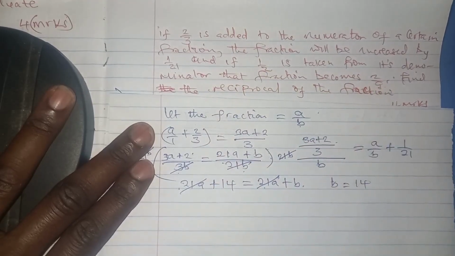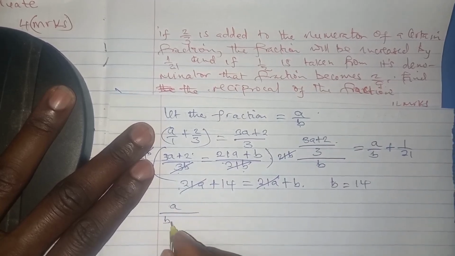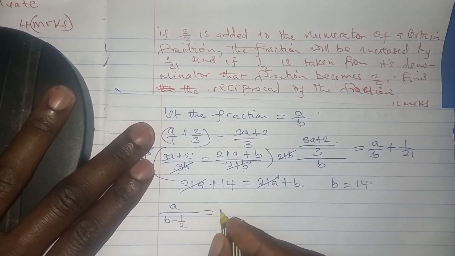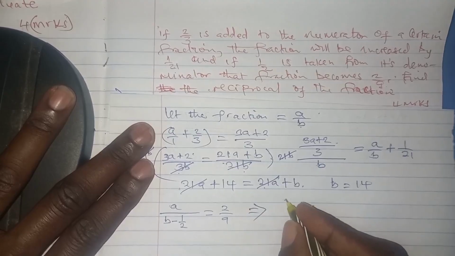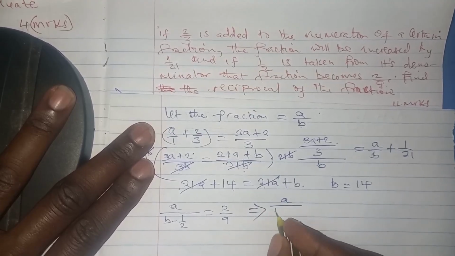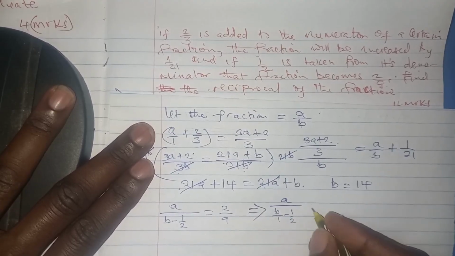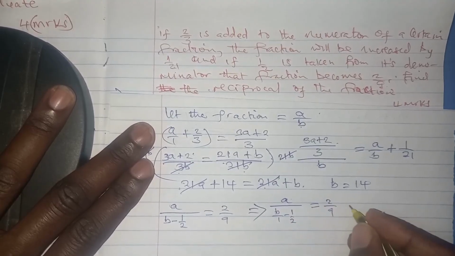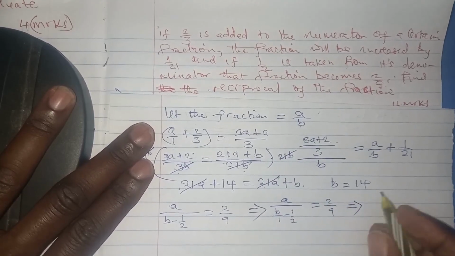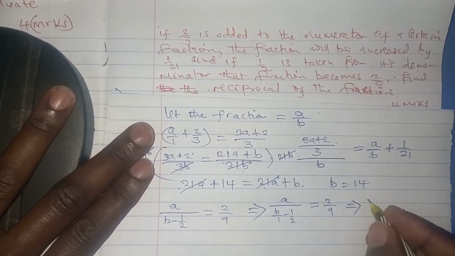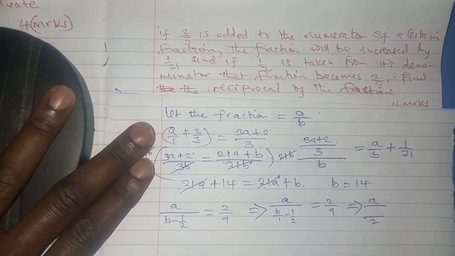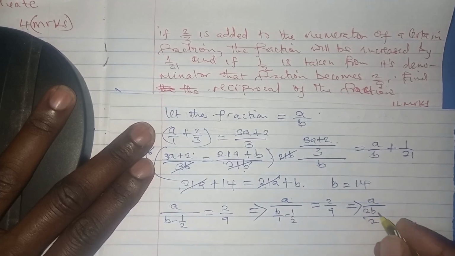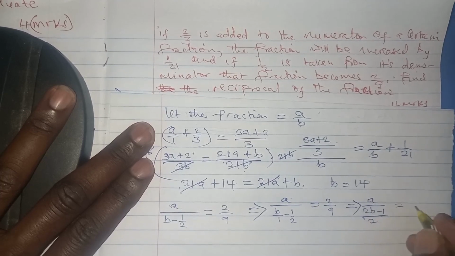So we can rewrite another fraction. We have a over b minus, we are taking away, so minus half should give us 2 over 9. This one can be simplified further to become a over b over 1 minus 1 over 2 equals 2 over 9, which we can simplify further to become a over 2b minus 1 being equal to 2 over 9.